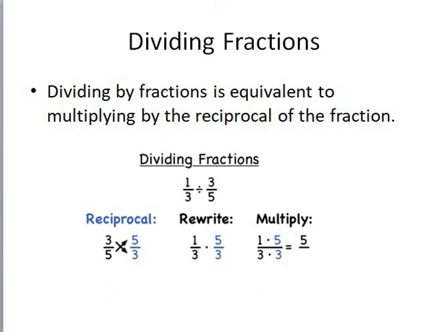As you can notice here, I convert the division into multiplication. I keep the number before the division as it is, so it will stay 1 over 3 times. Then I take the reciprocal for the rest: flip the numerator in place of the denominator and the denominator in place of the numerator.